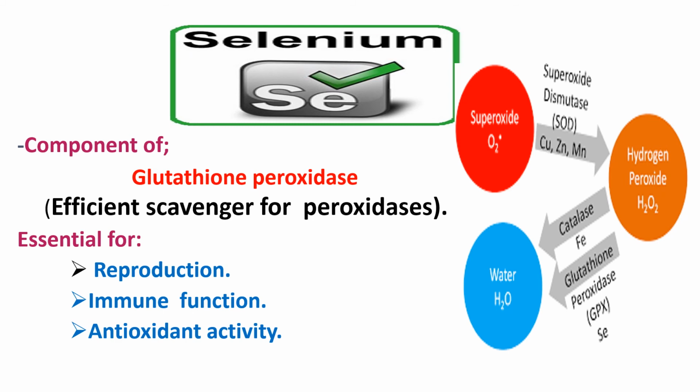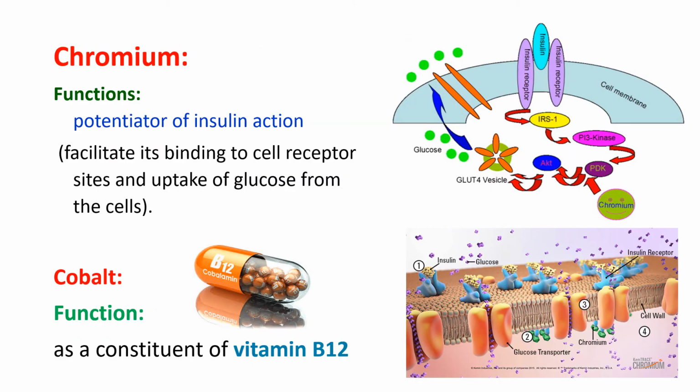We have already mentioned superoxide dismutase, which contains copper and zinc. Selenium, as a component of glutathione peroxidase, has important antioxidant activity. Also, it's important in reproduction and has immune function.